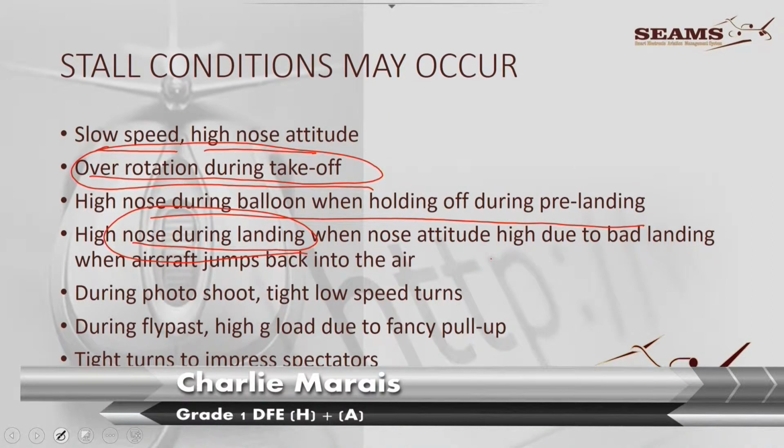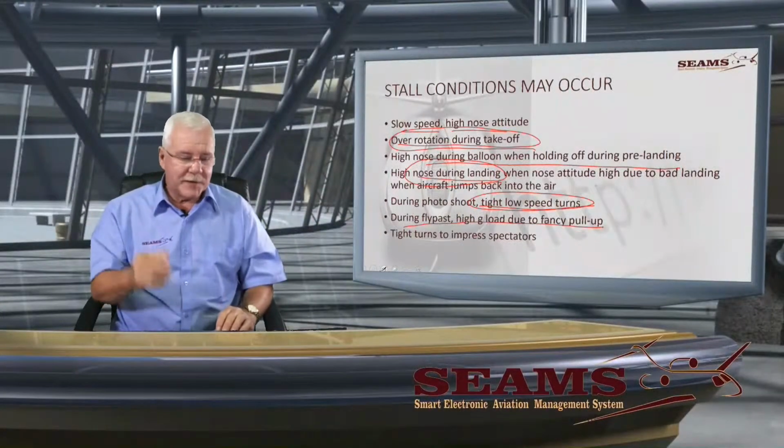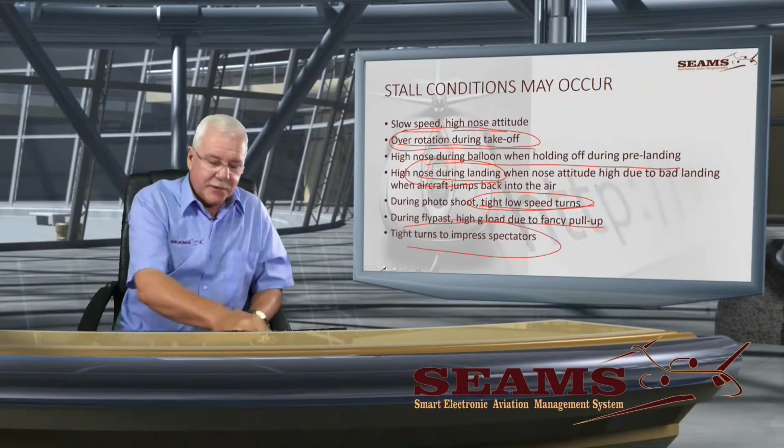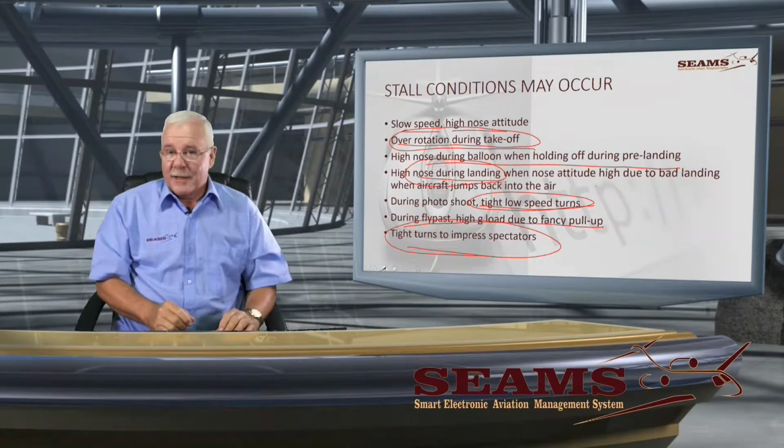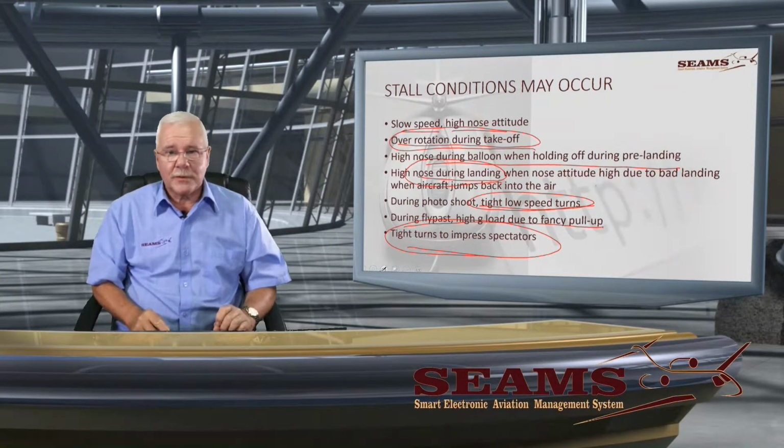So during a photo shoot, tight low speed turns, and that's why many of the insurance companies don't want you to do photo shoots. During a fly past, high G maneuvers, I've talked about that on the visits, and tight turns to impress spectators. All right, why do you want to impress the spectators? Because you're super cool.